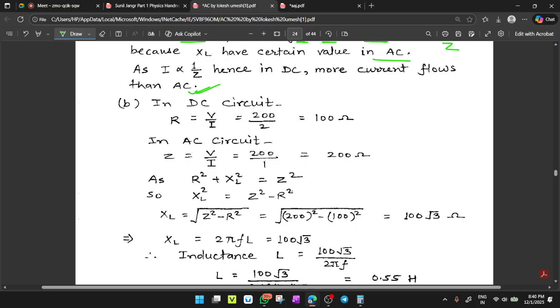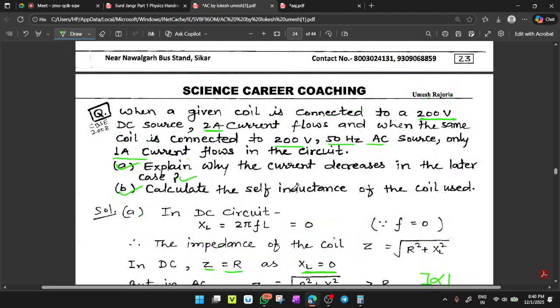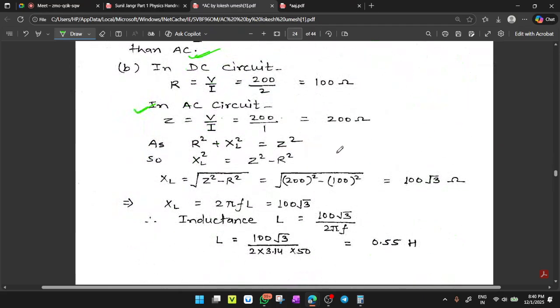In the AC circuit, Z equals V upon I, that is 200 upon 1 equals 200 ohm. During the AC circuit, the voltage is 200 volt and the current flowing is 1 ampere, as given here. So the impedance will be equal to 200 ohm.